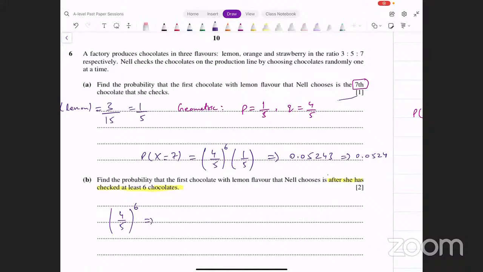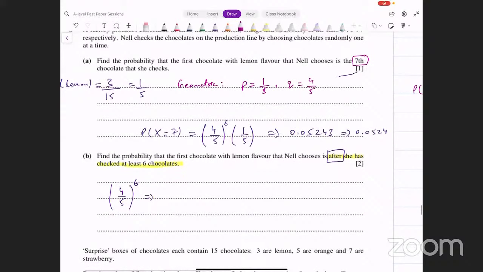Okay, so it says after she has checked at least 6 chocolates, that is, from the 7th attempt onward, she will get the first success. Remember we also had the formula for the geometric distribution, P(X greater than r) is q raised to power r.